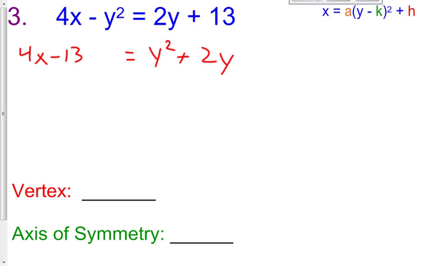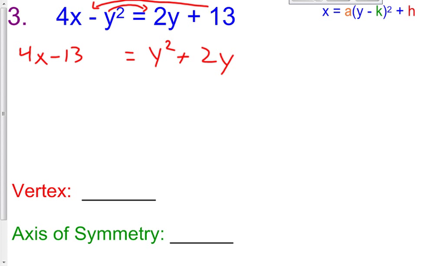I hope that made sense. All I did was add y squared, so it's now a positive y squared, and I subtracted 13, so now it's a negative 13. So now I'm ready to complete the square right here, because I have the y squared and the y by itself term on the right side with nothing else.